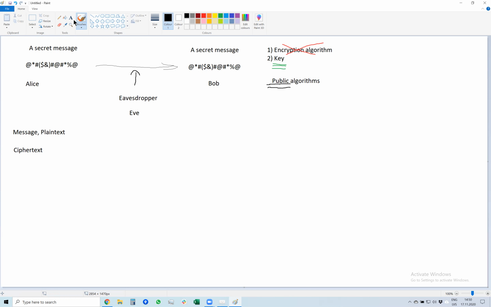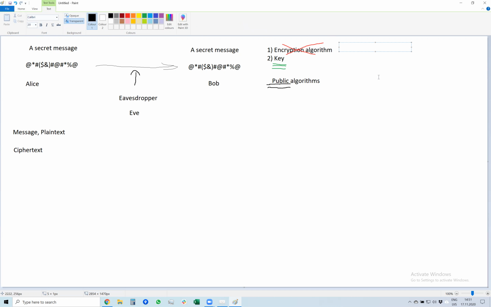And I'll just give you, so that we're not talking in air, some names of public encryption algorithms, and they are the following: AES, Advanced Encryption Standard. Then we also have RSA. Actually, these two are the most important ones, which are used nowadays.